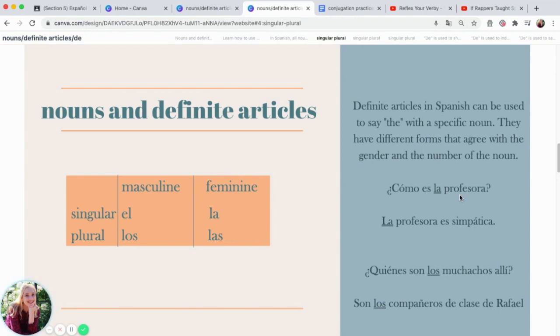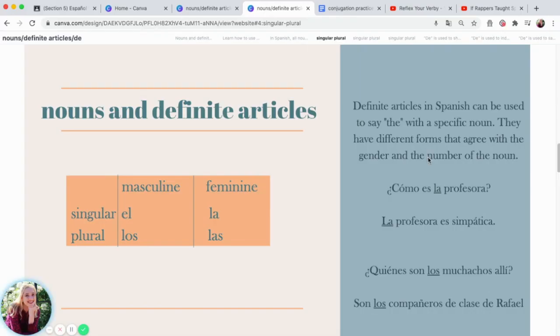Okay, it ends in A, so that gives us a good indication that it's a feminine noun. Most of the time they end in A. Not always, there are exceptions, but for the most part, if it ends in A, it's probably feminine. Okay, so we need to put la, because it is, again, feminine, and it's also singular. If we wanted to make this plural, we would say las profesoras.